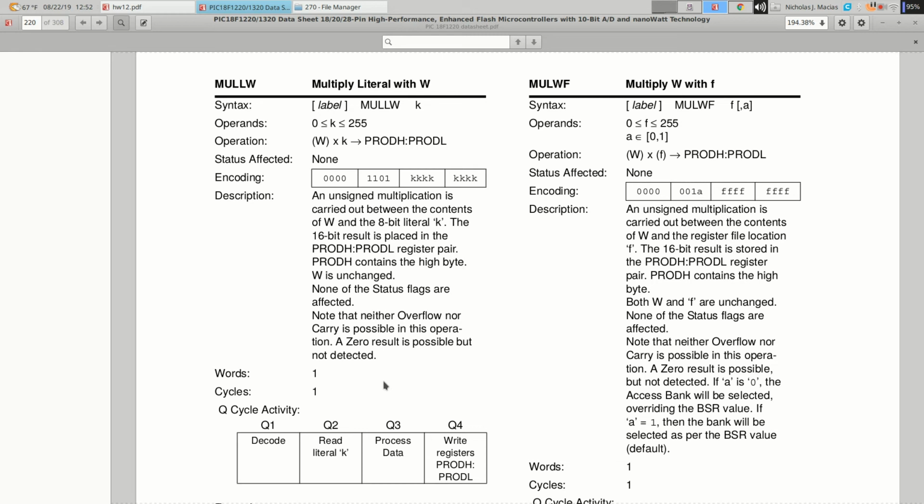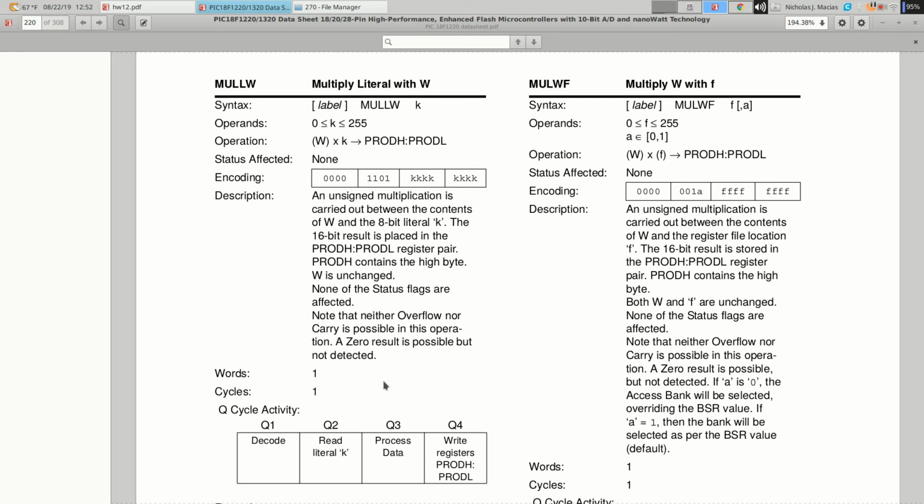So these multiply instructions don't put the result back into W. They don't put the result in a single file register. They put the result in a very special pair of file registers called product high and product low. It's just two other file registers, and the only thing they're used for is for storing the result of a multiplication operation. So if W is equal to 10, and I say mul LW 100, 10 times 100 is 1,000.